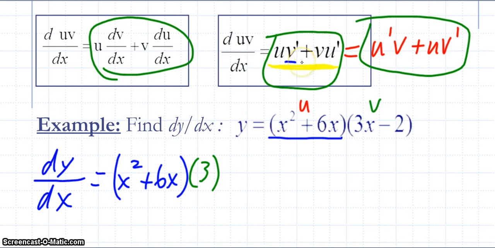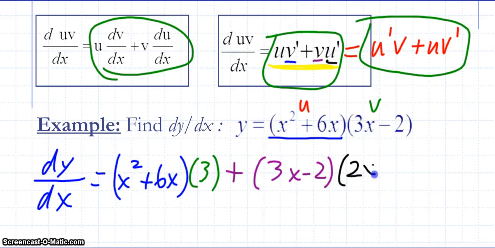And then plus v, so v is 3x minus 2, times the derivative of u. Well, what's the derivative of u? It's going to be 2x plus 6.